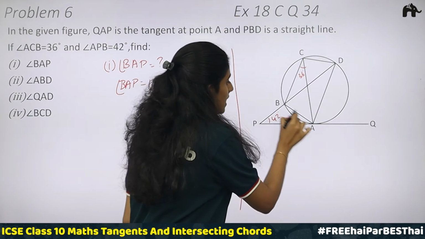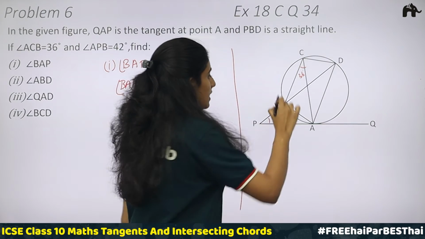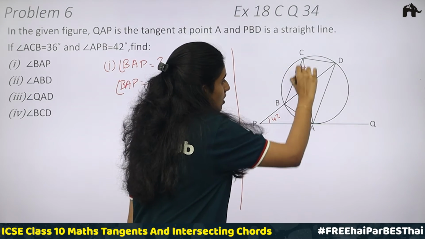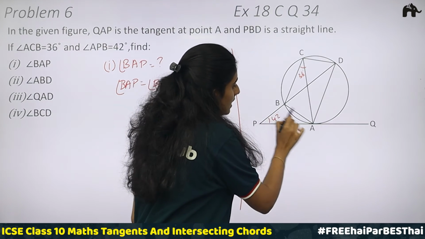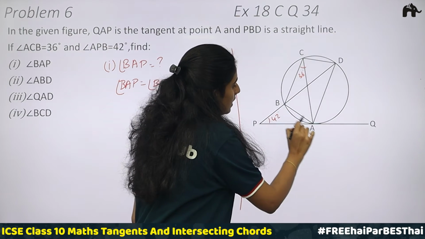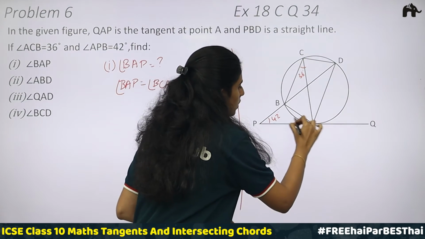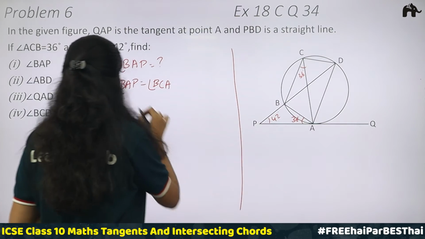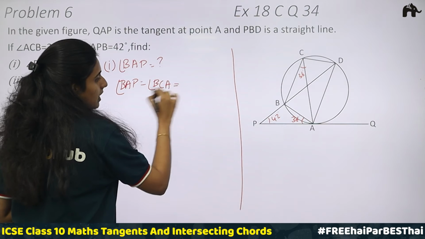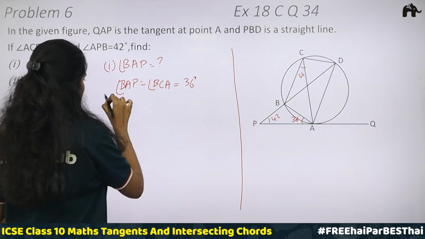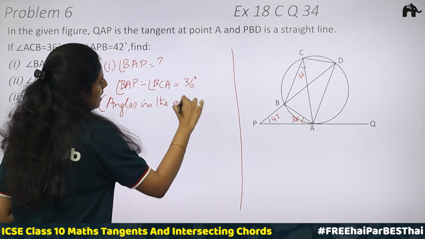Because the same chord subtends angle BCA on the circle. Therefore, the angle subtended by the chord on the circle will be equal to the angle between the tangent and the chord. Therefore, angle BAP is equal to BCA, which will be equal to 36 degrees. That is the angles in the alternate segment.